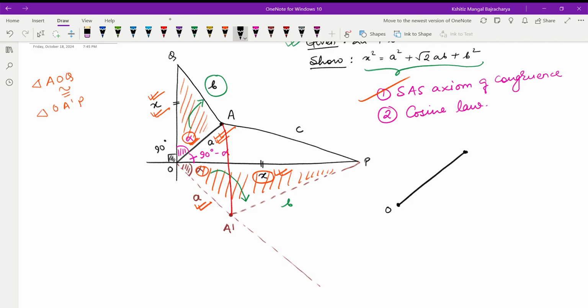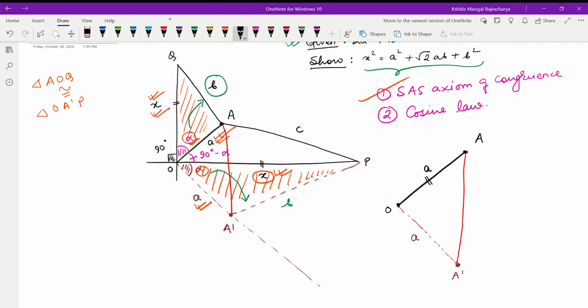OA is a, and this is also of side a, this is A dash, and a red line joins A and A dash.